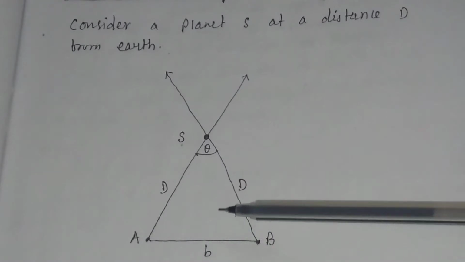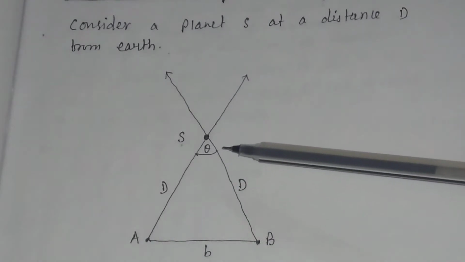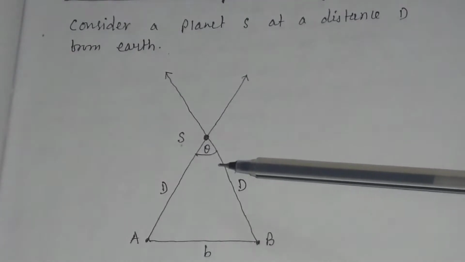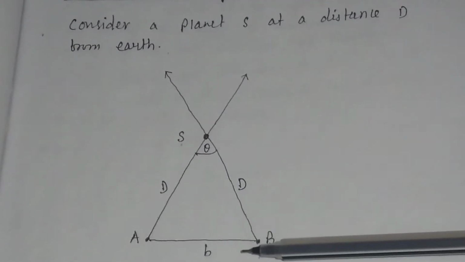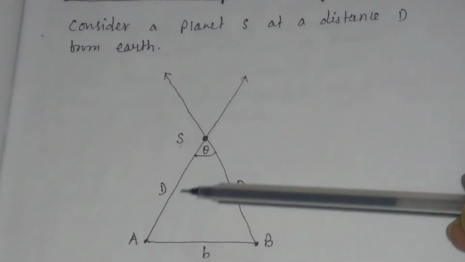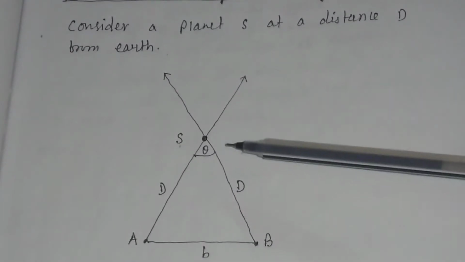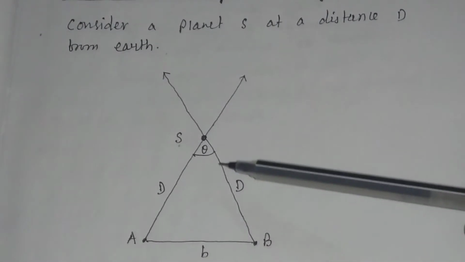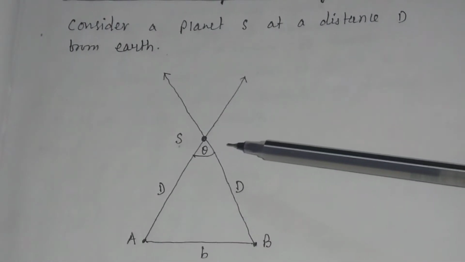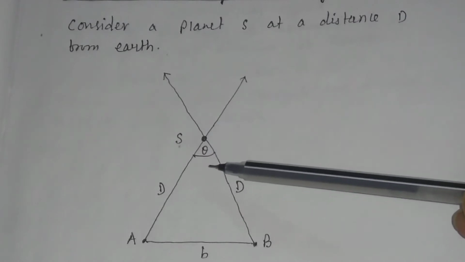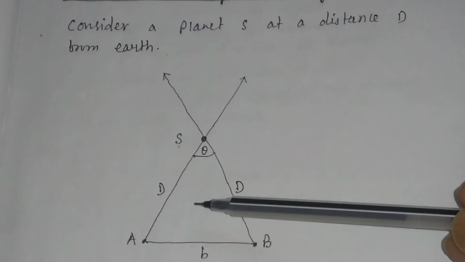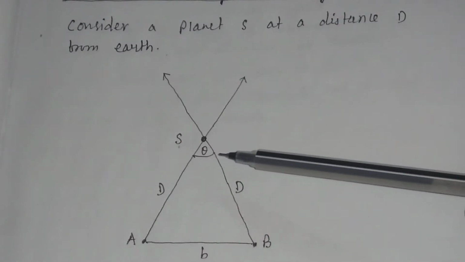Now measure the angle between the two directions. We basically use a sextant to measure the angle between these two directions. This angle theta is called the parallax angle or parallactic angle. Since the planet is far away, theta is very small.